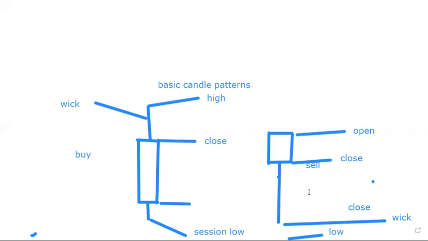So I'm listening. The buyers came in and they had good pressure in the market that they pushed the bearish candle. They pushed it almost going above the open of the bearish candle. And once it goes above that, then it turns to a bullish candle. But the fact that this market closed with a small body and a longer wick, then it means that, depending on the time frame, probably the time has already elapsed.